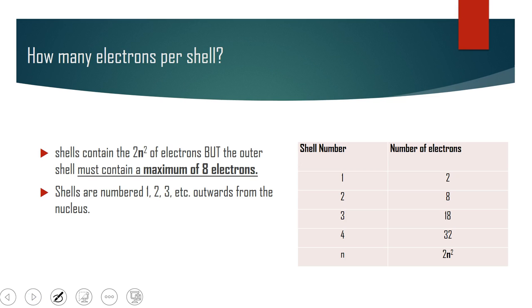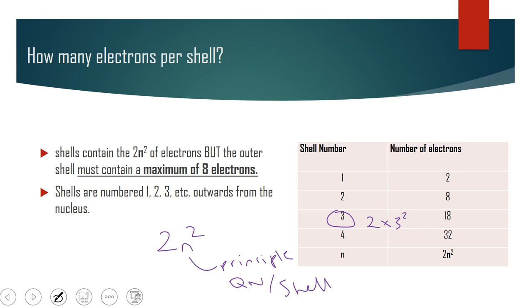You will hopefully remember that the rule for the maximum number of electrons in a shell is 2n squared, where n is our principal quantum number or shell number. If we are in shell 3, then 2n squared will be 2 times 3 squared, 3 squared being 9, which means we can have 18 electrons in that shell.